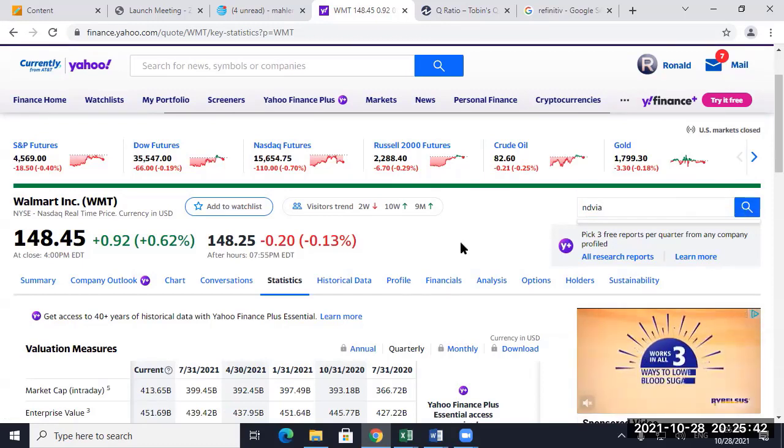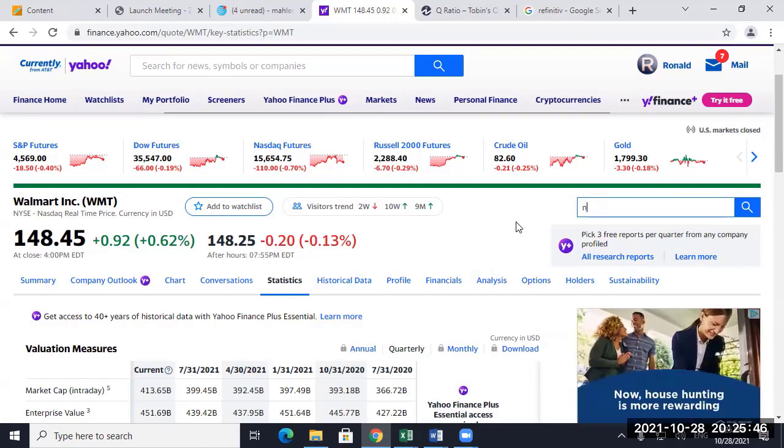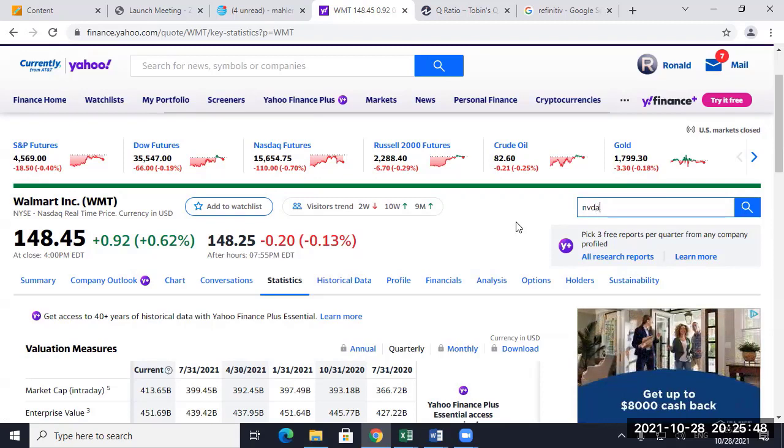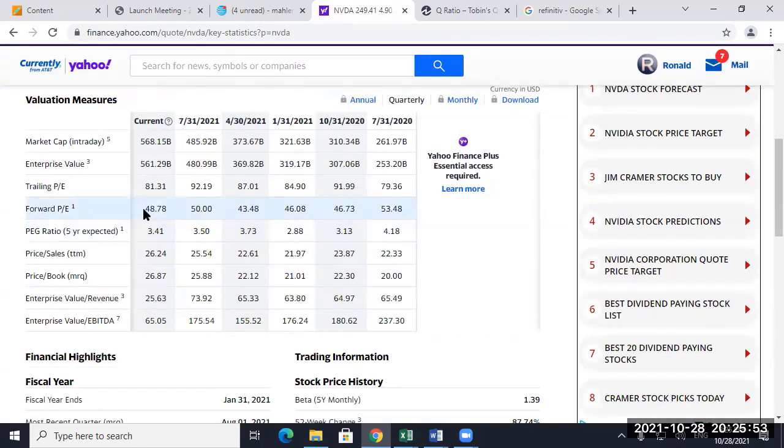We'll see what the market says. Oh, NVDA, excuse me. All right. 48. It's more than 10. So what is that, about 15, 14? Yeah, 14%. So that's a pretty high growth rate for the next 5 years.